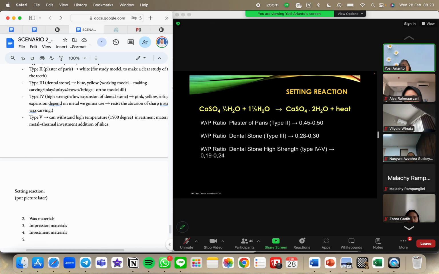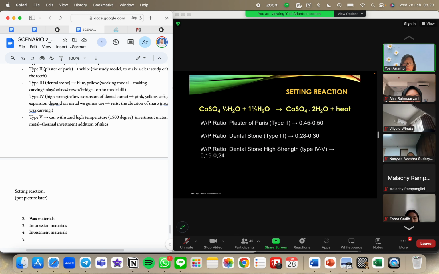So tomorrow on Saturday you will use the gypsum, no, not plaster of Paris, dental stone, and the water powder ratio will be like this, 0.28 to 0.30.